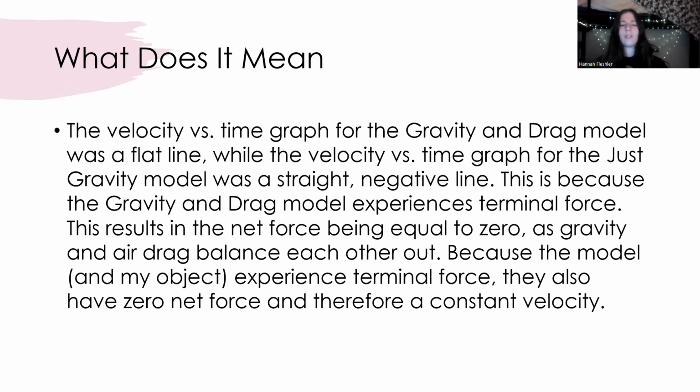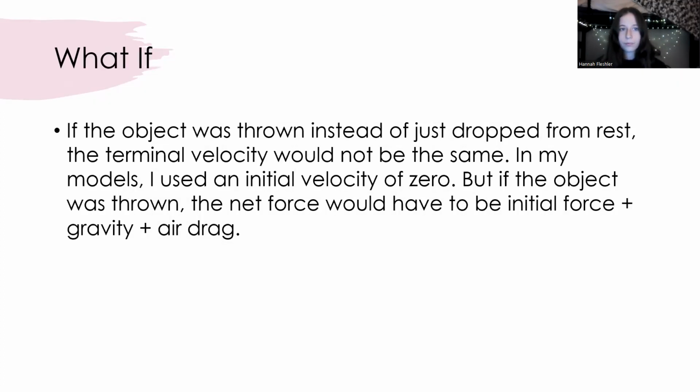This is because the gravity and drag model experiences terminal force. This results in the net force being equal to 0 as gravity and air drag balance each other out. Because the model and my object experience terminal force, they also have 0 net force and therefore a constant velocity.